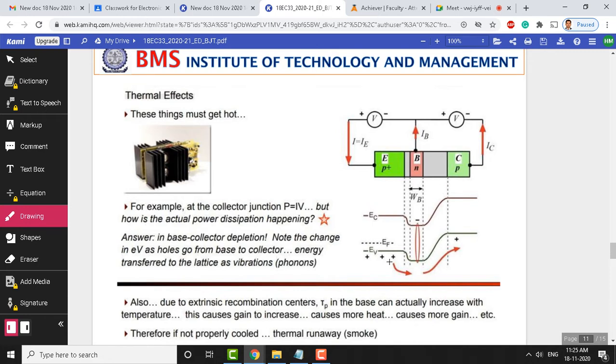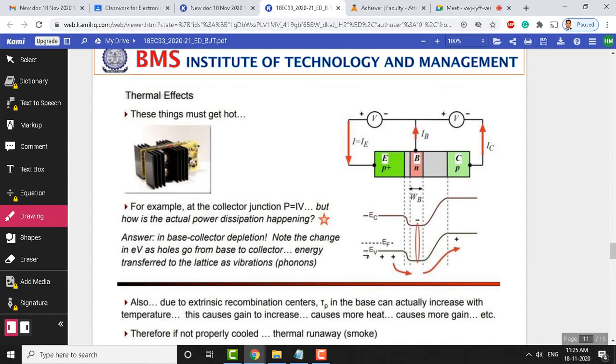And also, as we said, whenever holes move from lower energy to higher energy, they donate energy to the silicon atoms, and they dissipate energy in the form of heat here. It is the reverse for the electron. When an electron moves from a higher level to a lower level, it dissipates energy. When holes move from a lower level to a higher level, they dissipate energy.